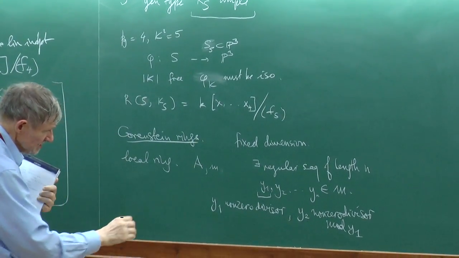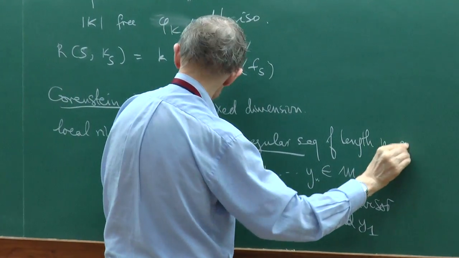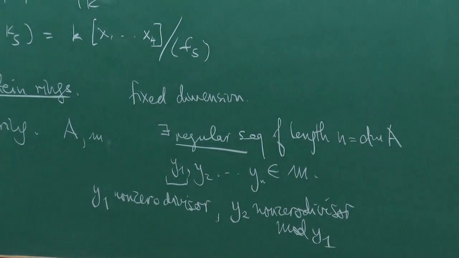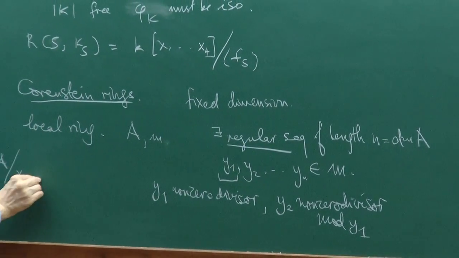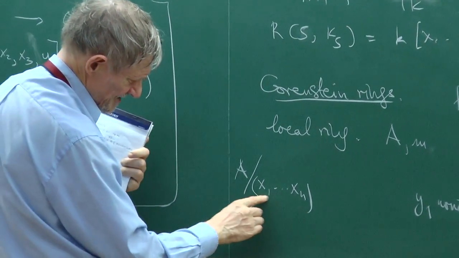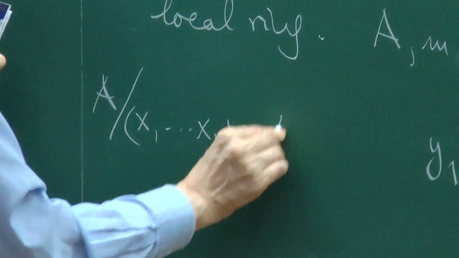The regular sequence has length n, the dimension of A. Then when I take A divided by the ideal generated by x1 up to xn, this is Artinian.